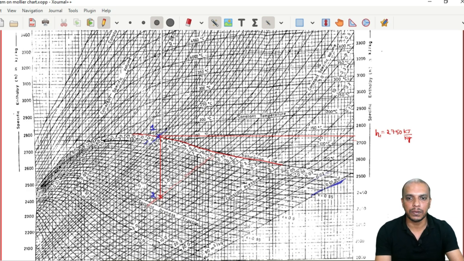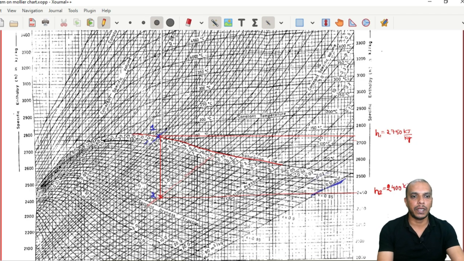Now, at state 2, we can measure the enthalpy. In order to measure the enthalpy, measure it horizontally. You can measure it from either side. It is close to 2400. So, H2 is equal to 2400 kilojoule per kg.